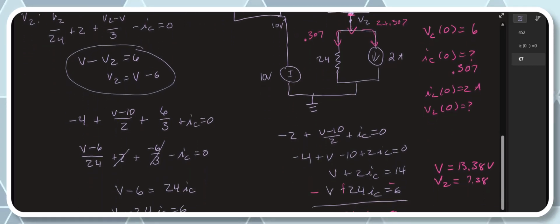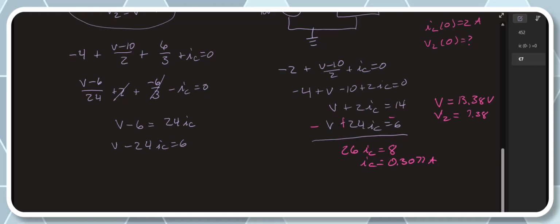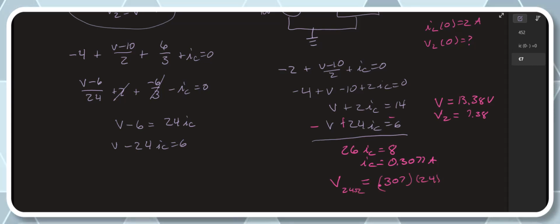So the voltage across the 24 ohm resistor has to equal 0.307 times 24, which is 7.368 volts.